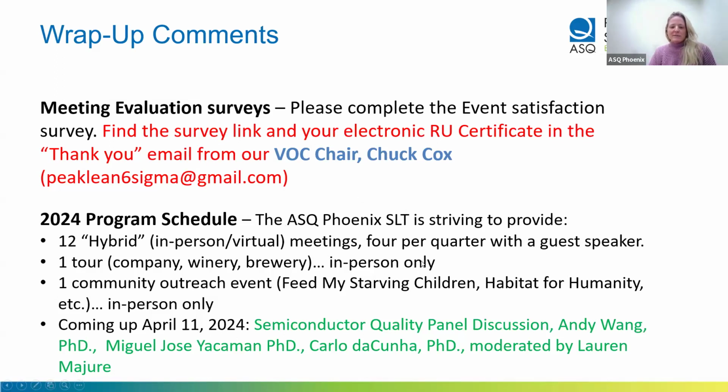Our 2024 program schedule: we are currently trying to provide you with 12 hybrid in-person virtual meetings, 3 per quarter with a guest speaker. So 12 total. My math was clearly off there. 1 tour of a company, winery, or brewery, which would be in-person only. That would be an in-person networking event. And then 1 community outreach event, such as Feed My Starving Children, Habitat for Humanity, etc. Last year we did Feed My Starving Children and had a great time.